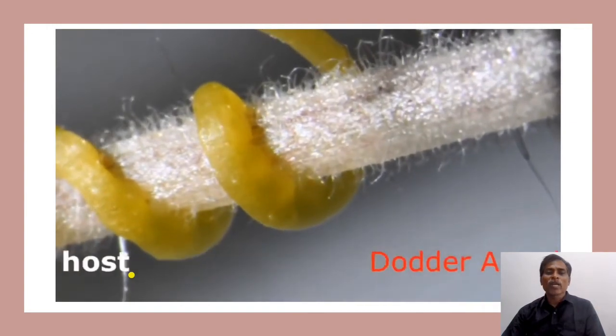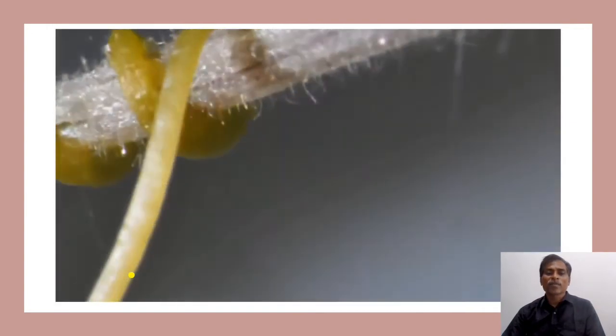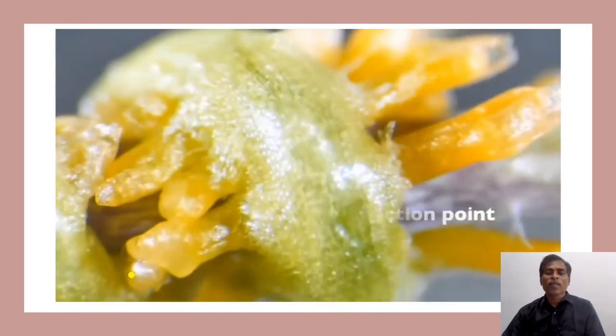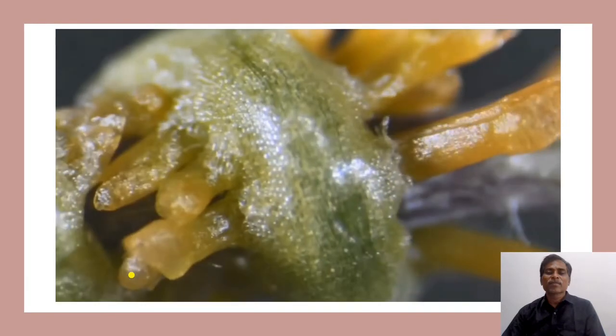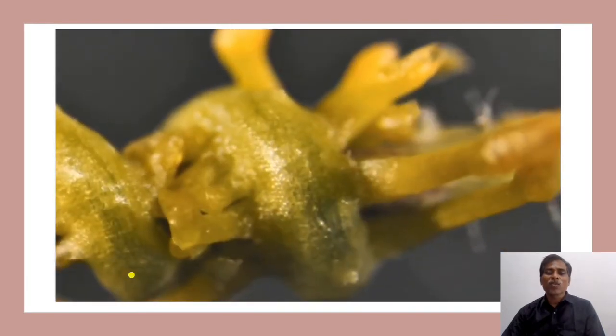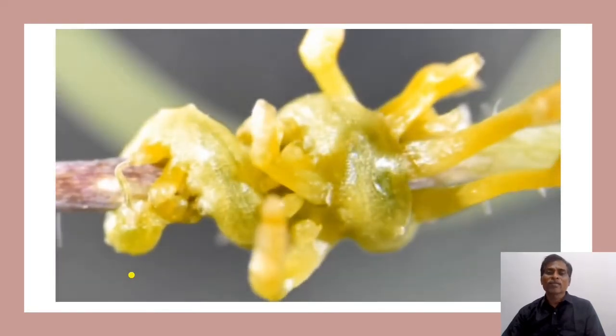The haustoria develop more and they give some new branches. These try to contact other branches of the host plant.